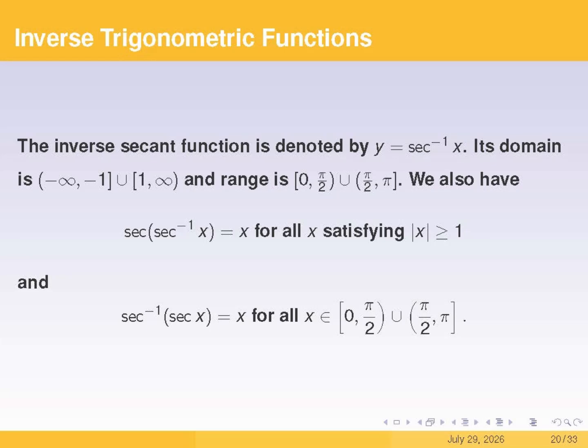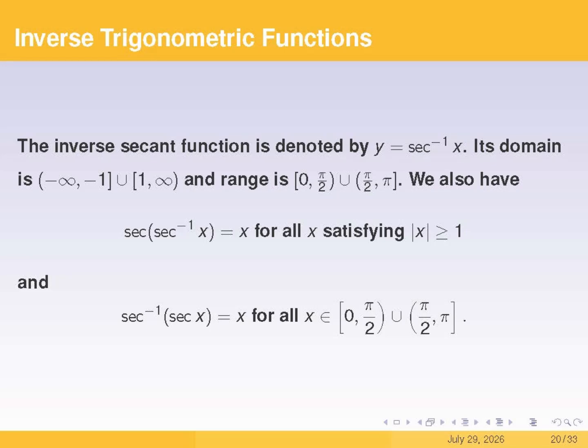However, if we restrict the domain of the secant function to the union of two half-open intervals excluding pi over 2, that is, the half-open interval from 0 to pi over 2, union the half-open interval from pi over 2 to pi, its range remains from -infinity to -1, union from 1 to positive infinity. At this point, the secant function becomes one-to-one, and therefore its inverse function arc secant exists.